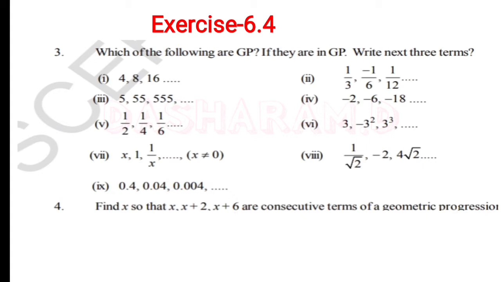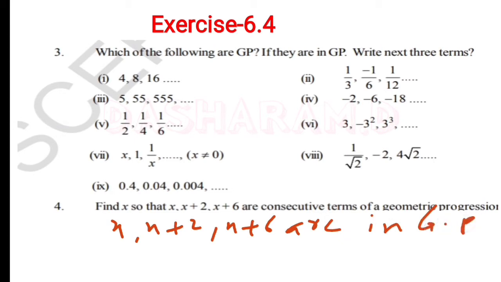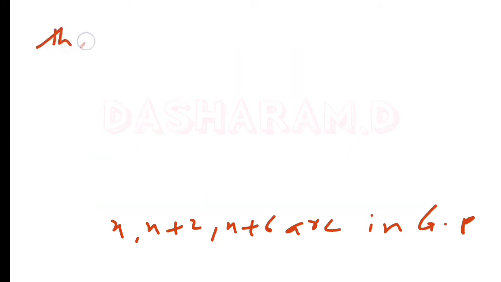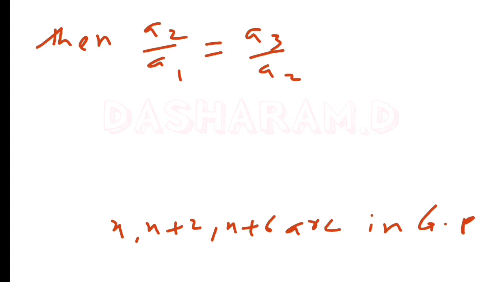See here, generally x, x plus 2, x plus 6 are in geometric progression, so they will follow the common ratio. So what is the first ratio? A2 divided by A1. Second ratio A3 divided by A2. So they will be equal because they are in geometric progression.